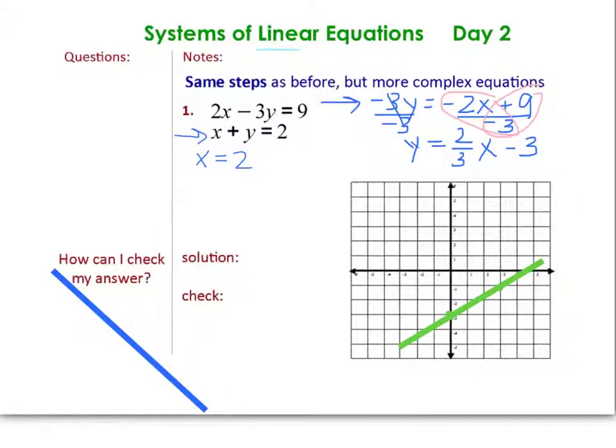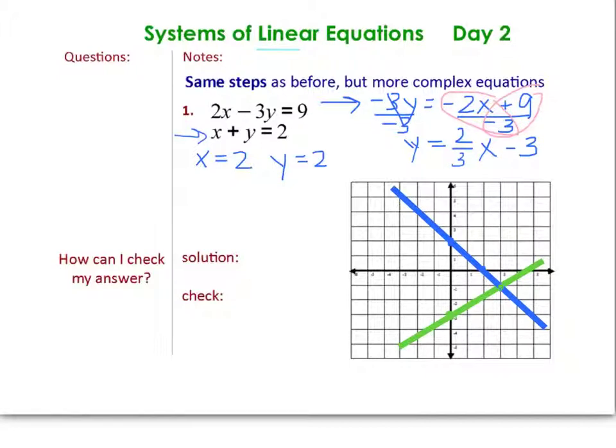If I cover my x's, I get y equals 2. When I come over to my graph, I go to where x is 2, where y is 2, and I connect those with my blue line. There you go. I have myself a system of equations.